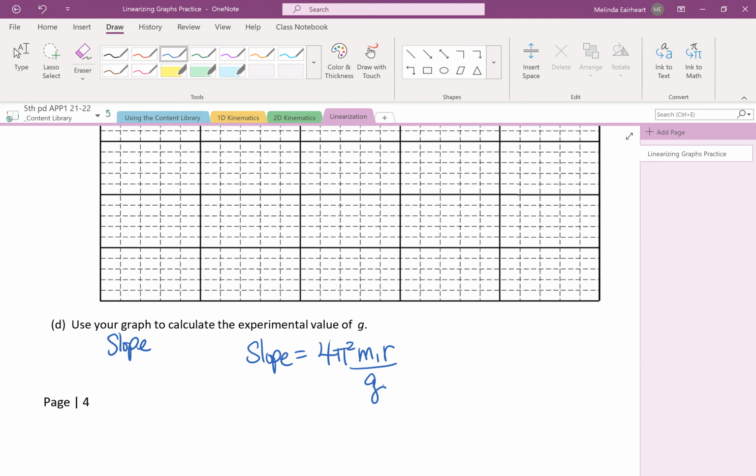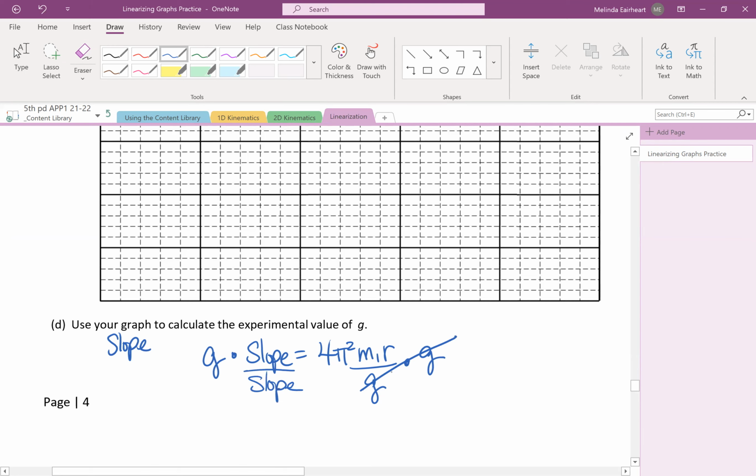How would I isolate G? Multiply both sides by G, right? Then divide both sides by slope.